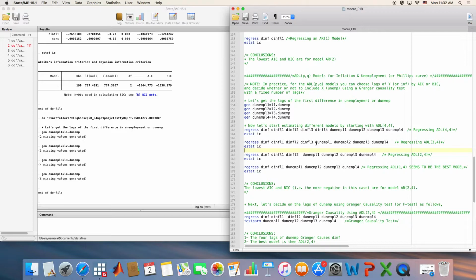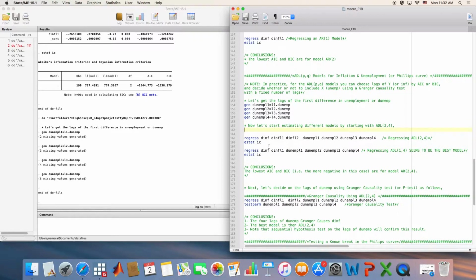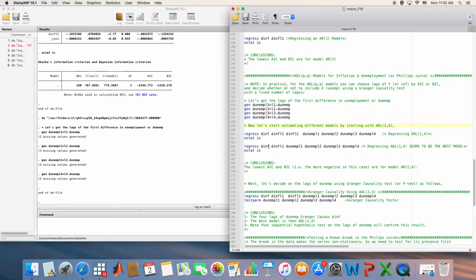So let's start here. Again, I'm just going to change this. So ADL 2, 4, and I don't need this part, because I already decided that 2 is the best.